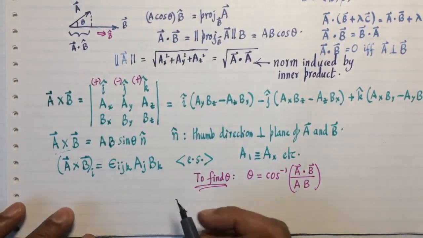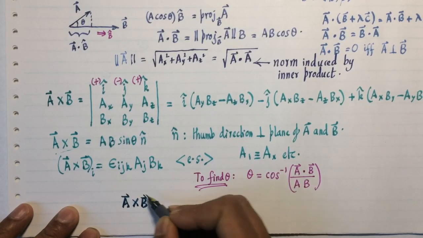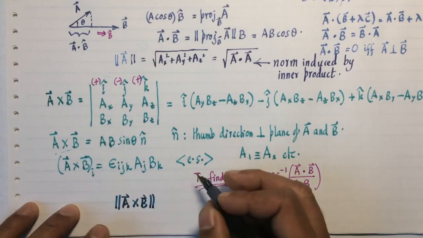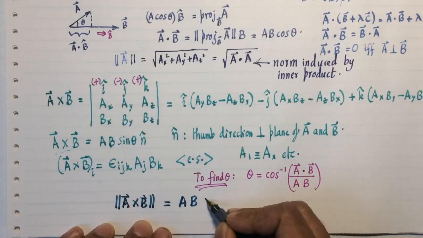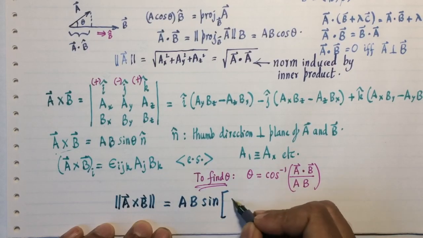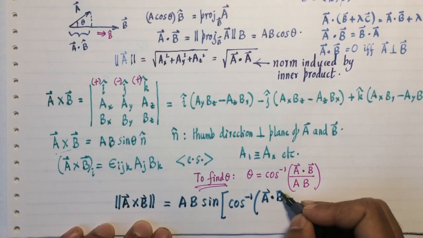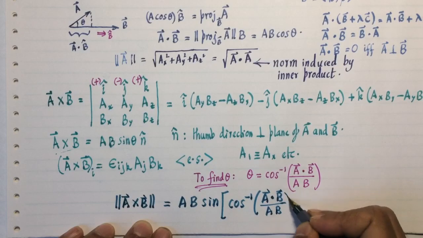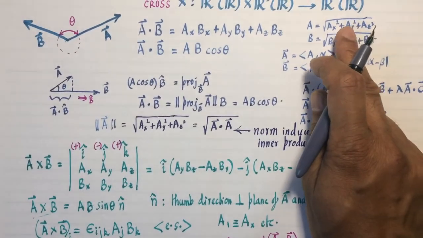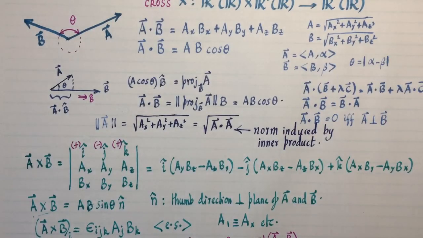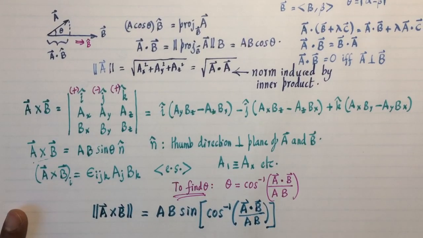So if you have two three-dimensional vectors, and you want to find just the magnitude of the cross product A cross B without too much sweat, then the procedure is A times B times sine of arc cosine of A dot B over AB, where A and B each are given by their respective three-dimensional Pythagorean theorems. So that's a fairly nifty looking formula there.